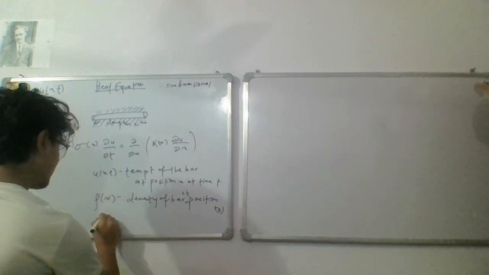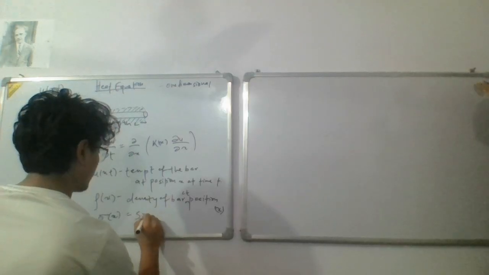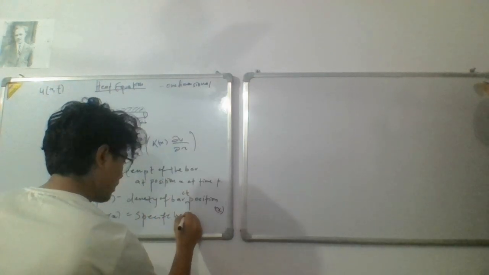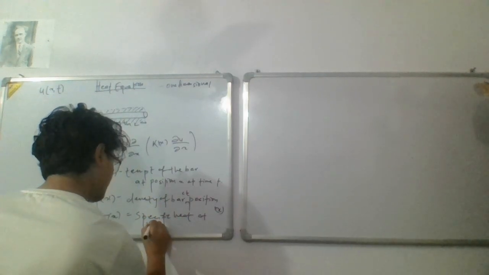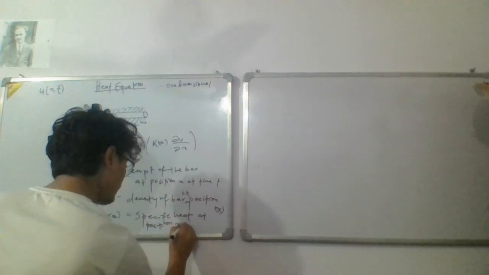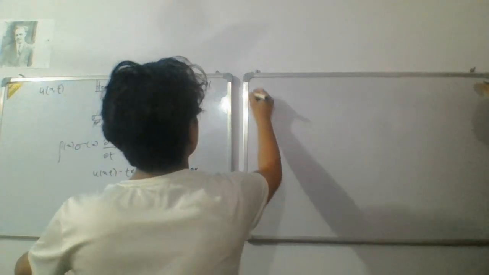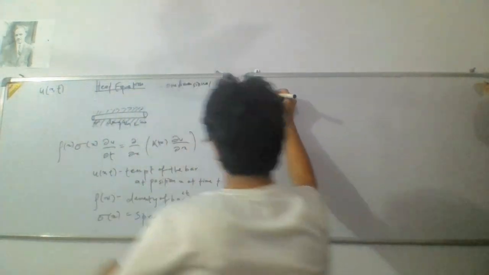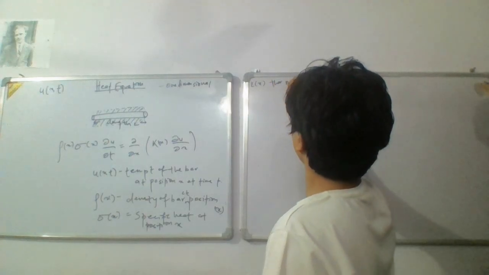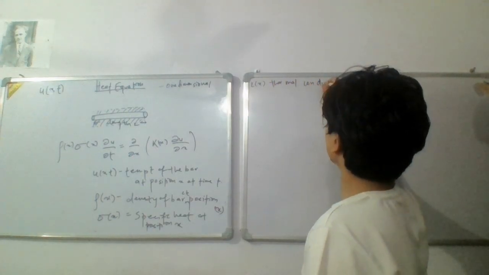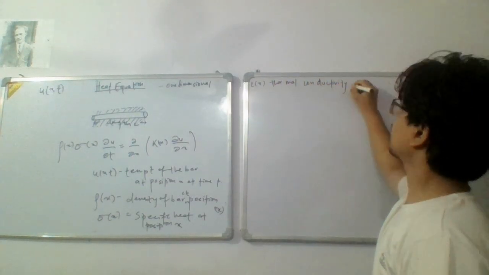This sigma x is the specific heat at position x, and this kappa x is the thermal conductivity at position x.